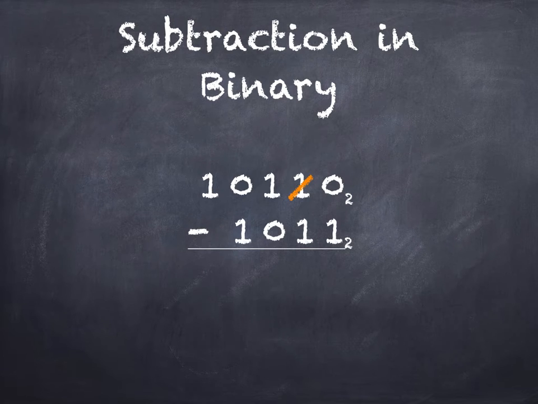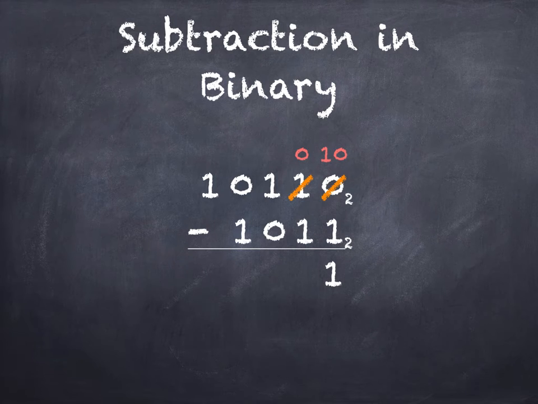So the 1 there becomes a 0, and 0 becomes 10. Recall that 10 in binary is equivalent to 2 in decimal. So it actually borrowed a 2 from 1, and I'm writing it down as 10 in binary. So 10 minus 1, or 2 minus 1, is 1.